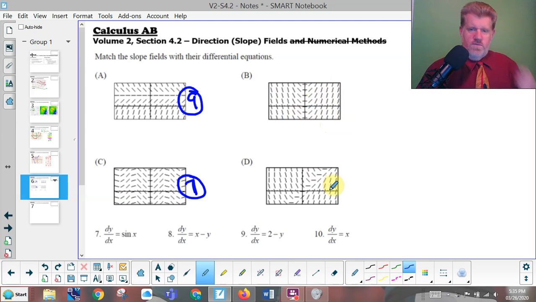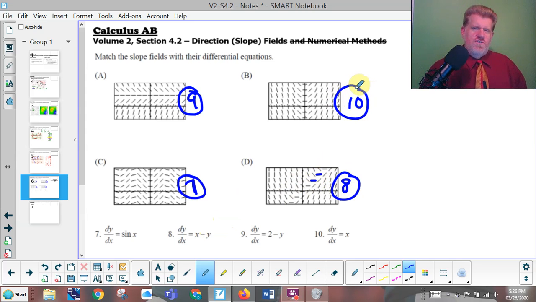And notice here, like the one we had done previously, we had that slant to it. Well, because x's and y's are being subtracted. So we know that 0 minus 0 is 0, and 1 minus 1 is 0, 2 minus 2 is 0, 3 minus 3 is 0. So this is number 8, and this is number 10.